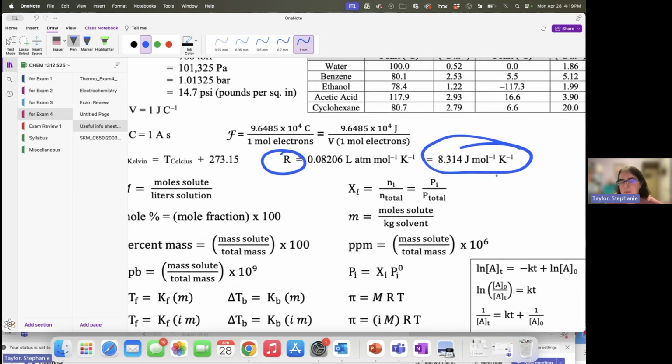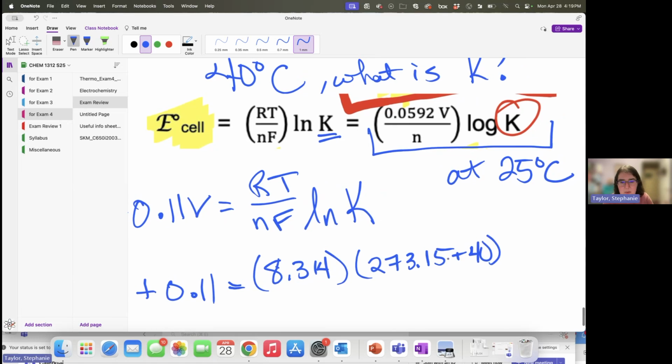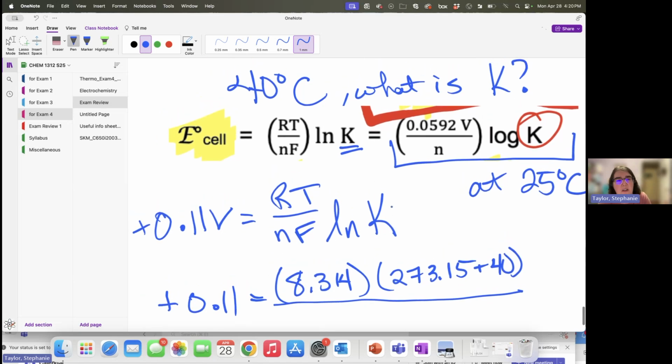There's R. It's in joules per mole per Kelvin, but this is the version that we need. So this is 8.314 times T. T is in Kelvin. I gave it to you in Celsius because I'm a big meanie. Plus 40. So there's my temperature. All divided by N. N is the number of electrons transferred.